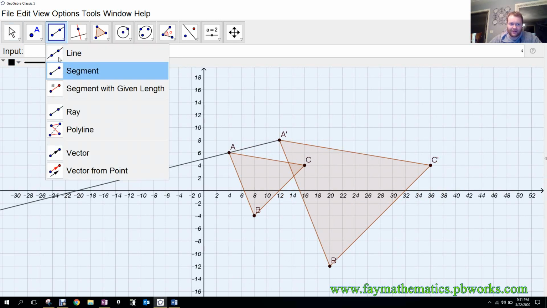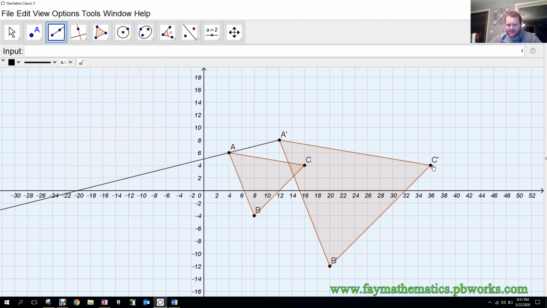So now the same thing should happen. If I go from C prime to C, then somewhere on that line is the point of dilation as well. Well, if the point of dilation is on that line and it's on that line, then right there is the point of dilation.